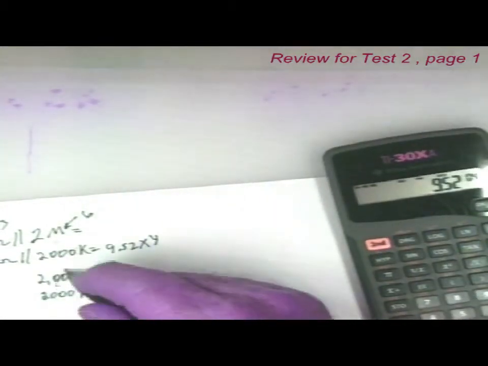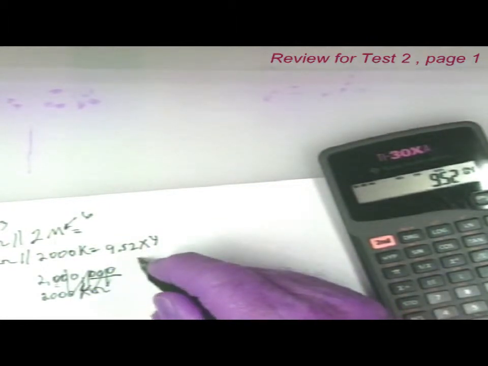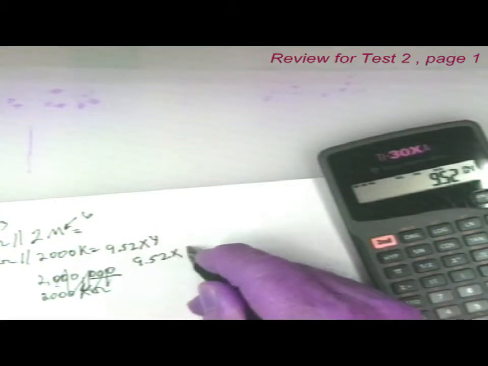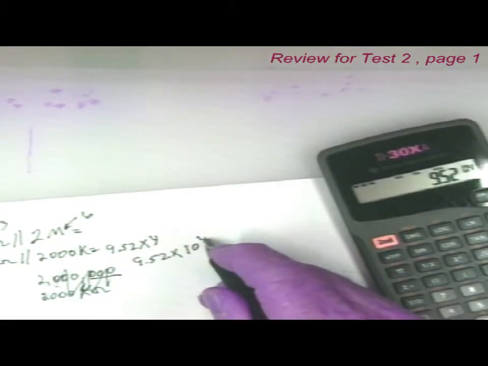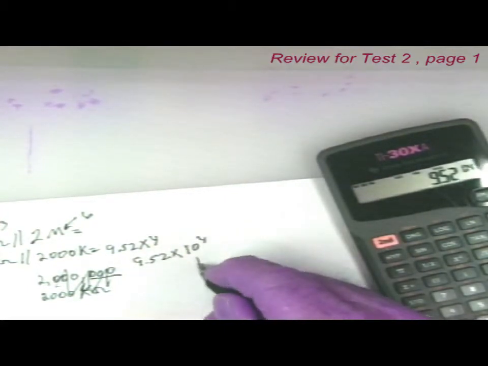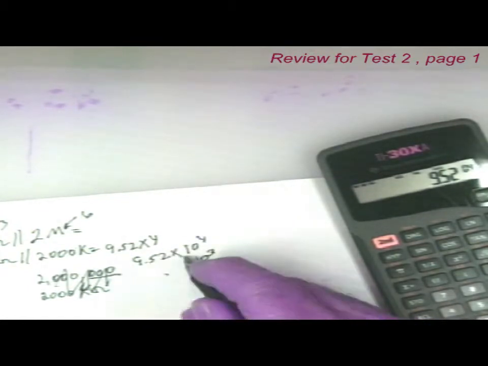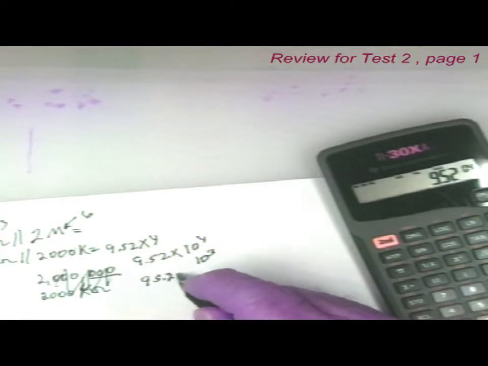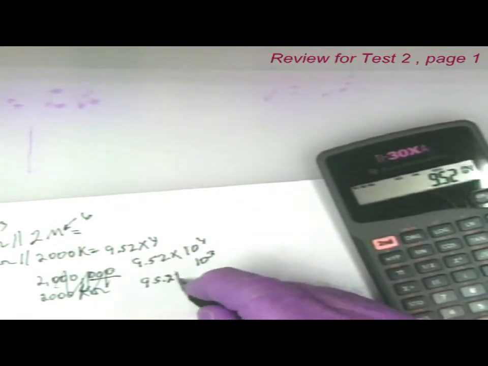Now, remember we discussed this before, how to make this into K. We've got 9.52 times 10 to the 4th, and we want to make that into K, so we need to make this a 10 to the 3rd. And of course the way we do that, we move the decimal point to the right. So 95.2 what? 95.2 K ohms.